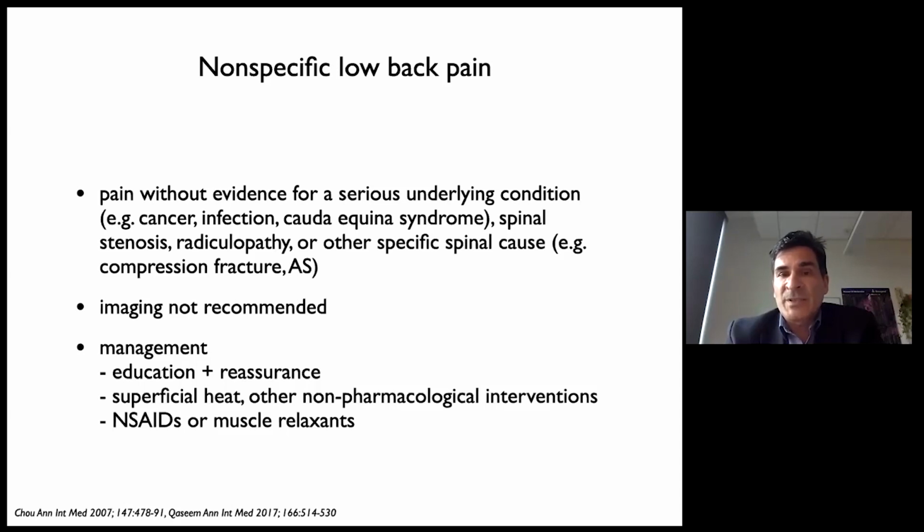So in the absence of any symptoms or signs suggesting a serious underlying condition, the patient should be managed with education and reassurance. Non-pharmacological measures such as superficial heat or other approaches play an important role, and pharmacologically, NSAIDs and muscle relaxants can be given.